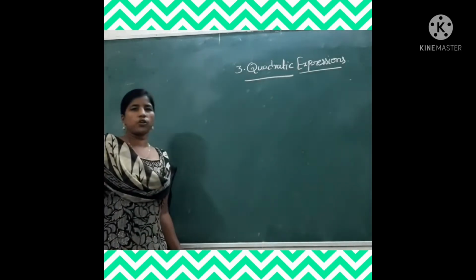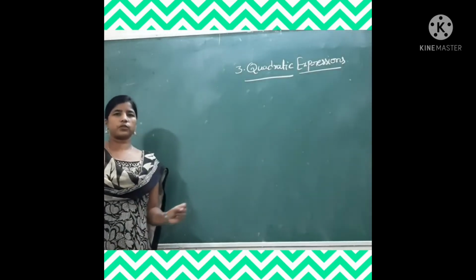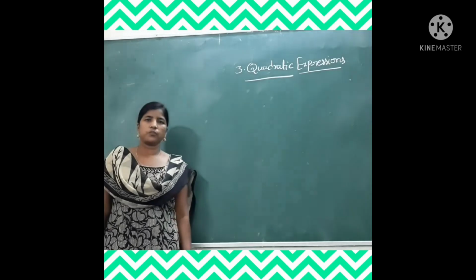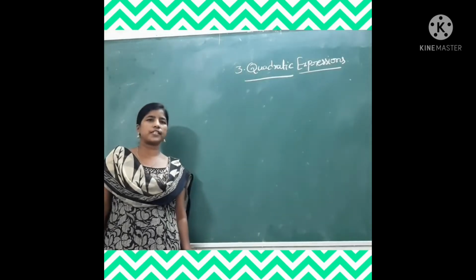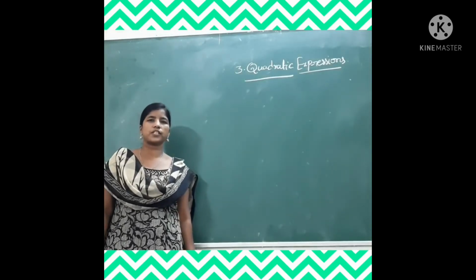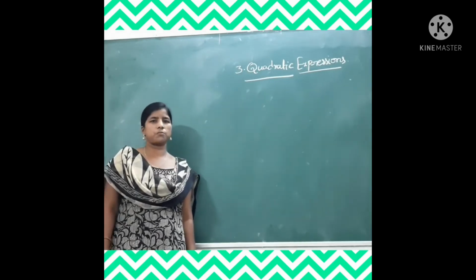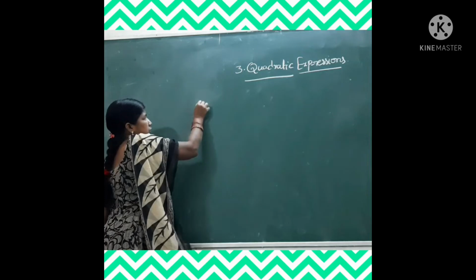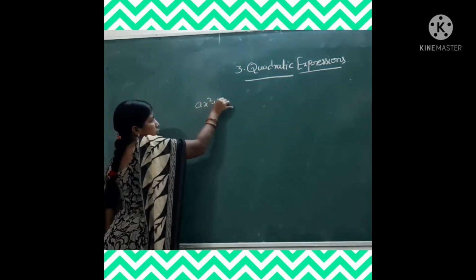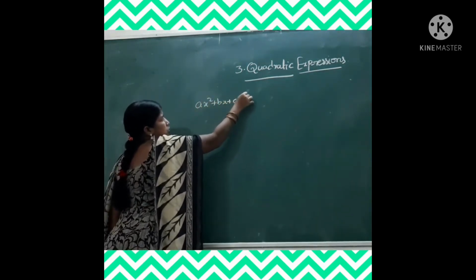Okay, in this lesson we have already completed roots of the equation. What about roots of the quadratic equation? The general equation of the quadratic equation is ax square plus bx plus c is equal to 0.